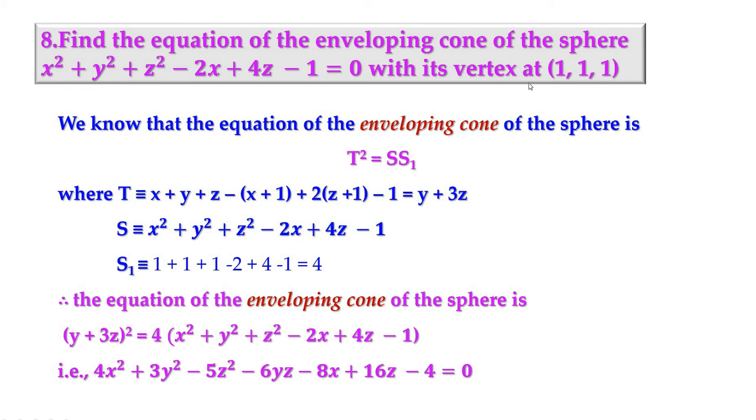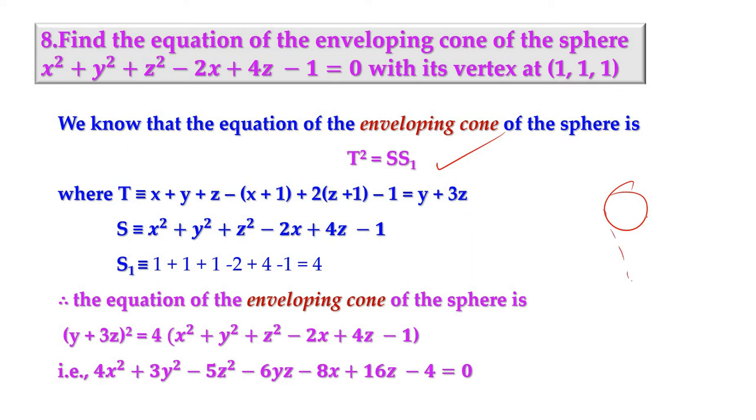Now, enveloping cone of the sphere. You are given the sphere, and we have already obtained the equation of the enveloping cone as this. When you consider the enveloping cone given a sphere, then you have the equation.